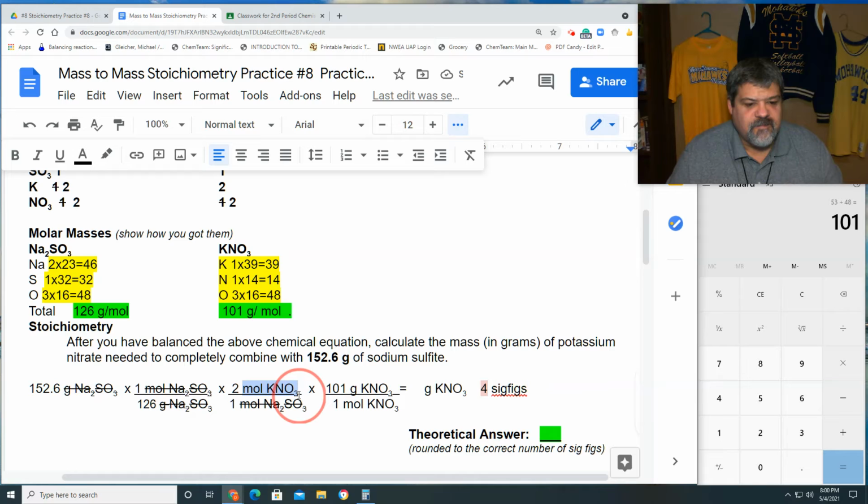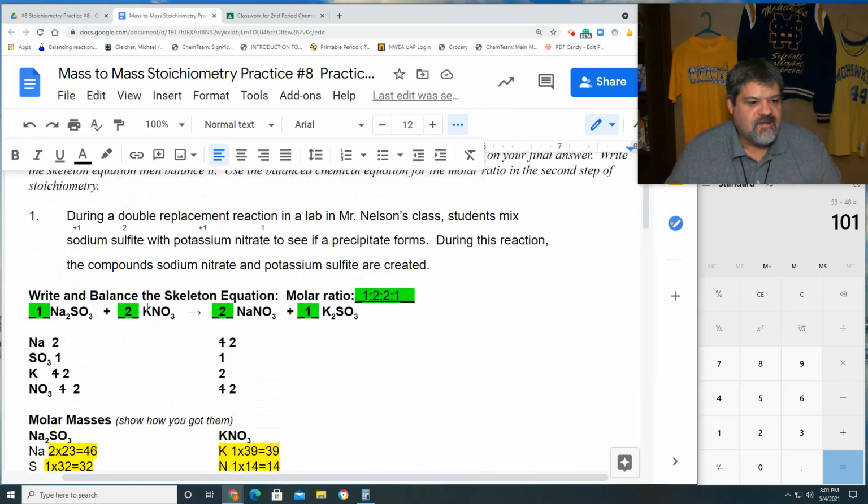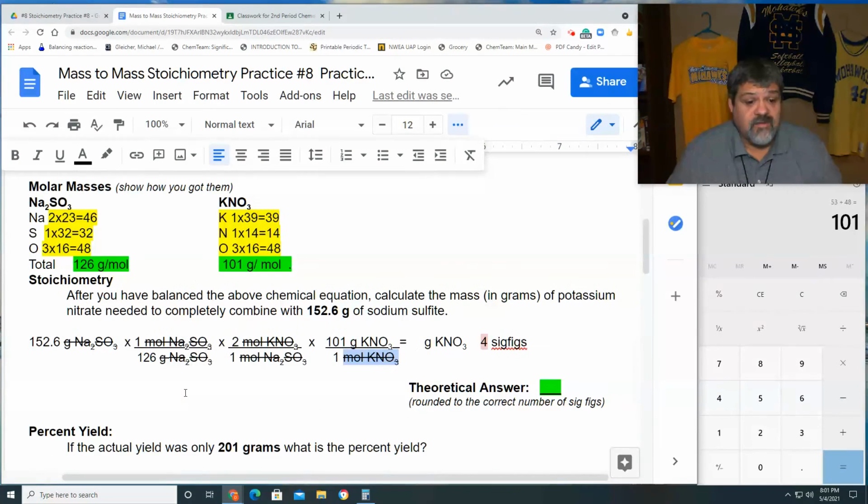I have moles of potassium nitrate here, and I have moles of potassium nitrate here. Again, I can get rid of these and I can convert from grams of sodium sulfite to grams of potassium nitrate because of this center one here. Because 2 moles of potassium nitrate equals 1 mole of sodium sulfite. As long as I have a balanced chemical equation, we can do that.